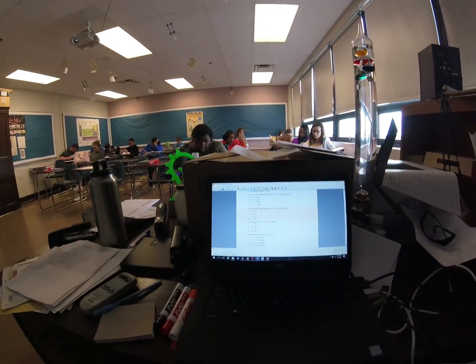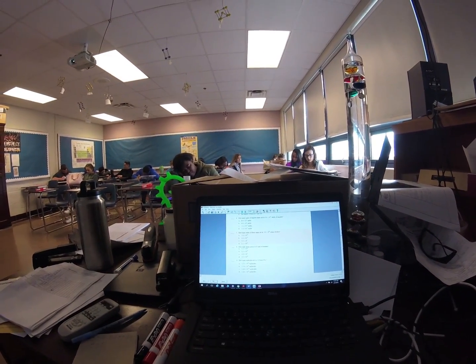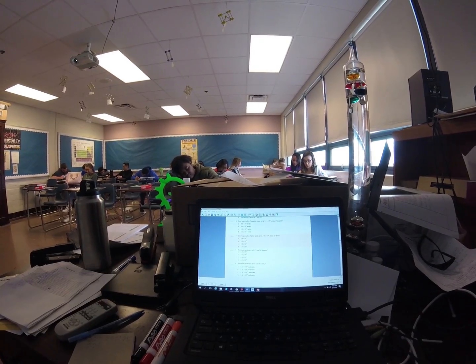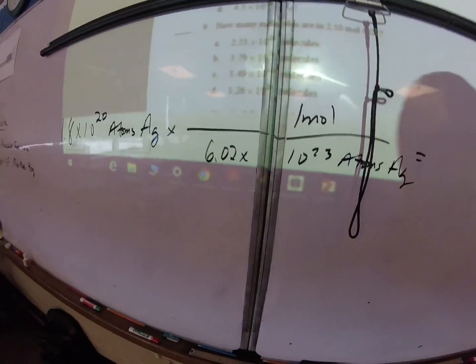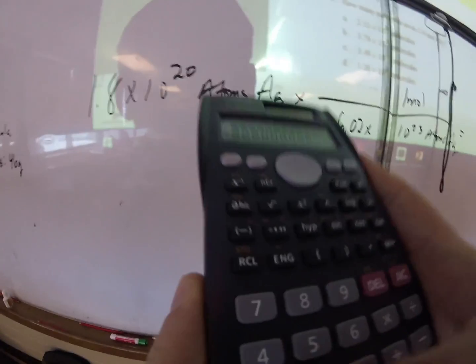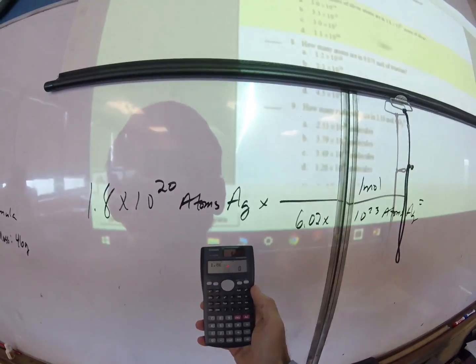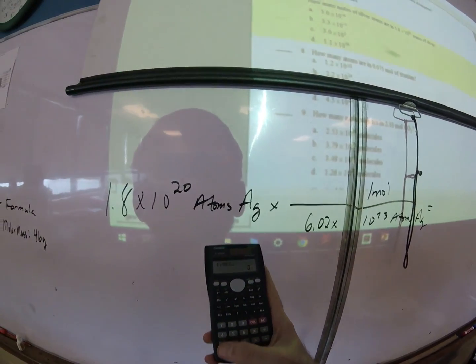A is correct. And number 8, you're going to divide by 602 sextillion, or 6.02 times 10 to the 23rd. Where you have 1.8 times 10 to the 20th. So on your calculator, you're going to go 1.8 exponent, see the E right there, exponent 20.